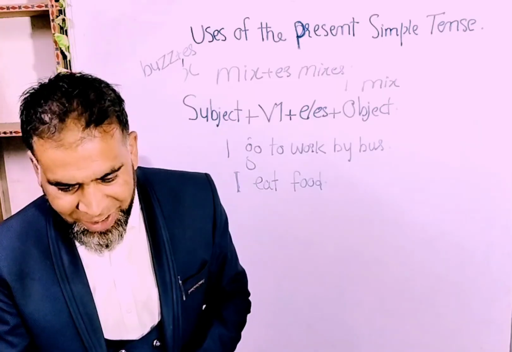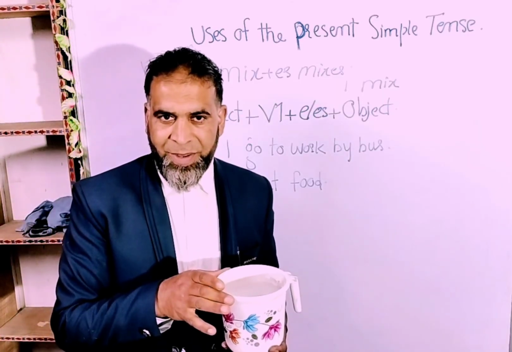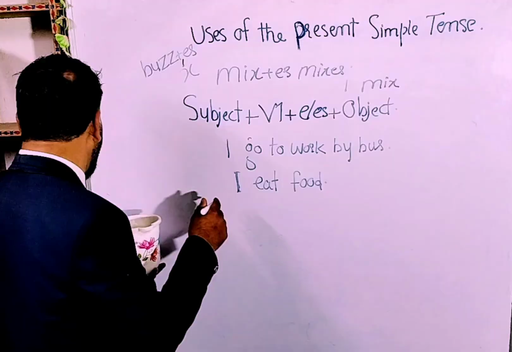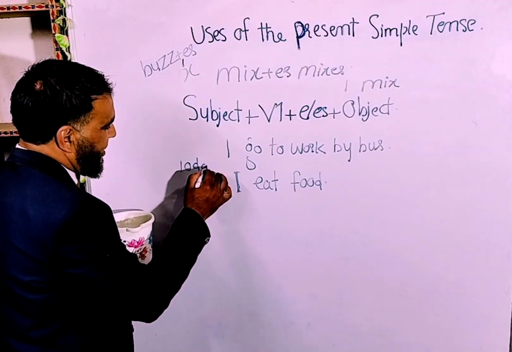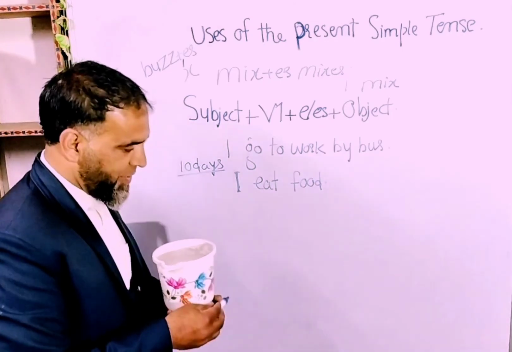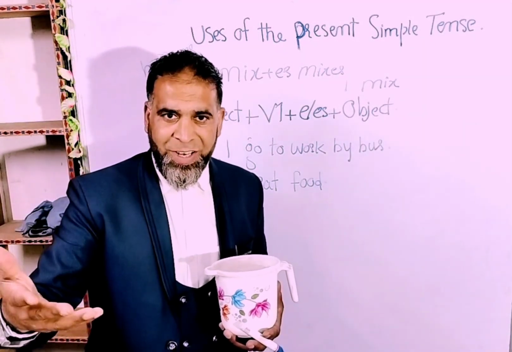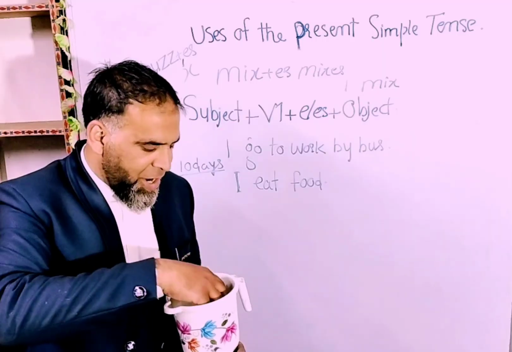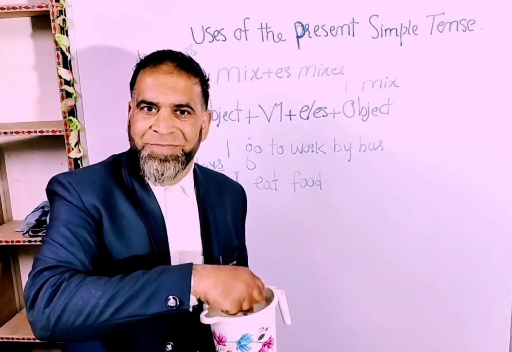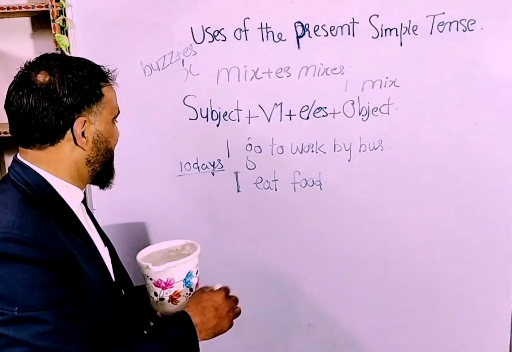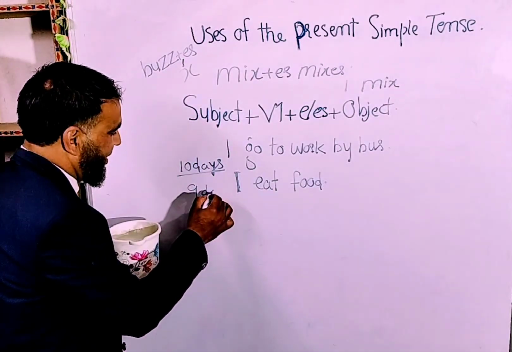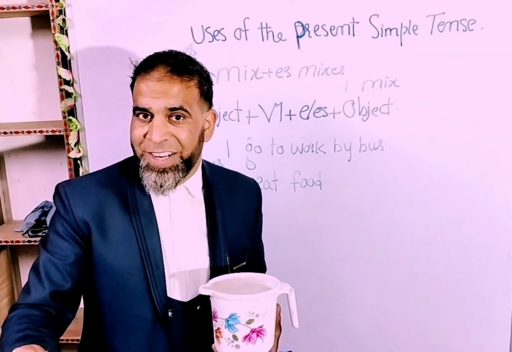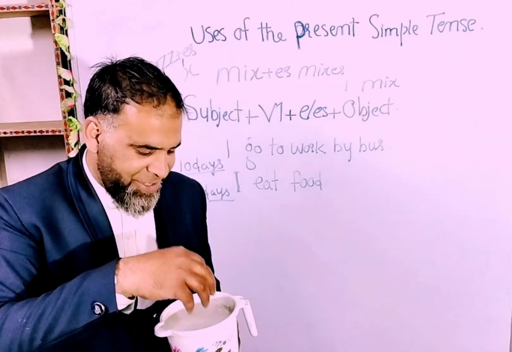Now you see, for example, here's this water. For example, 10 days ago, be serious, I came from school, and at 4 p.m. I did the action. I washed my hand. And 9 days ago, I again repeated this action.